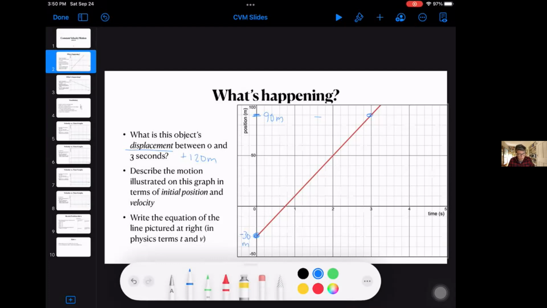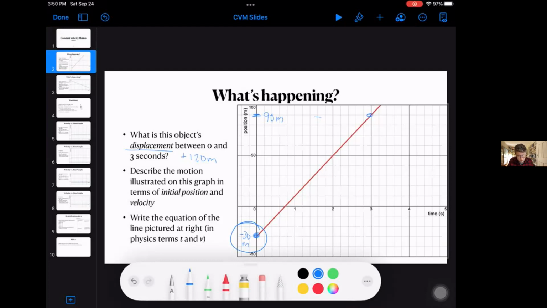You think you've got it? So the object's initial position, we previously saw that. That's that negative 30 meters. Velocity. Velocity requires you to calculate what quantity on this graph? Yeah, slope. I totally have no idea if you said it out loud, but the slope.